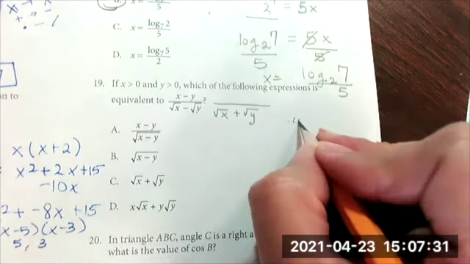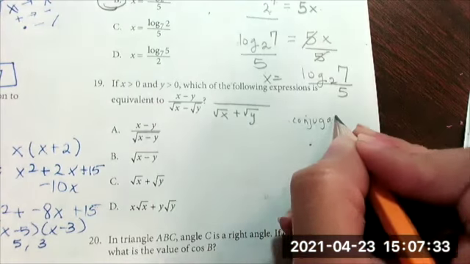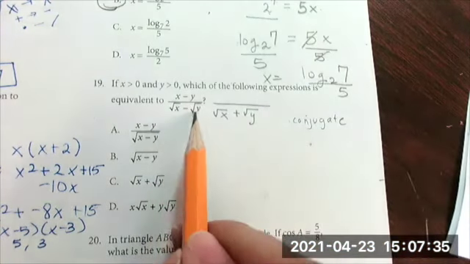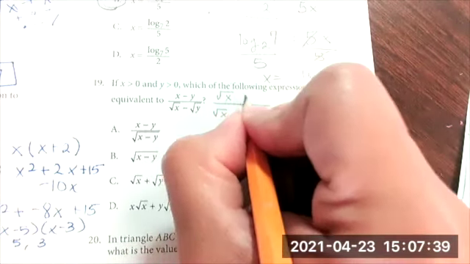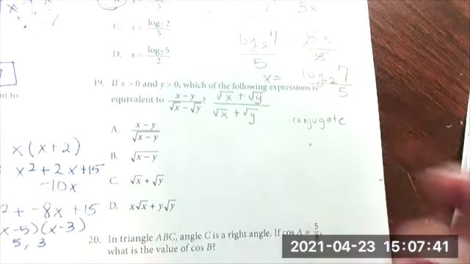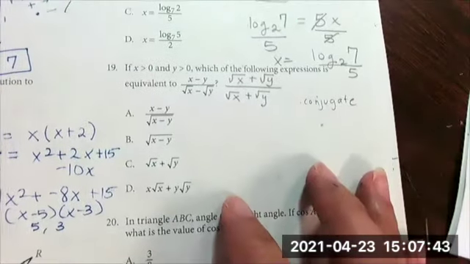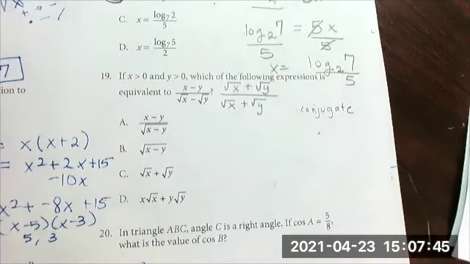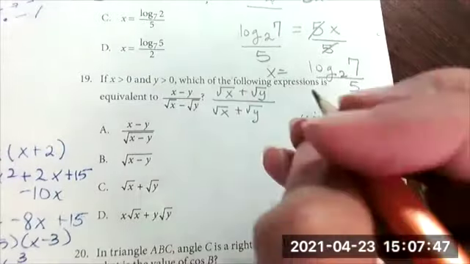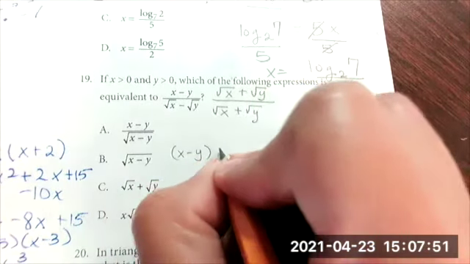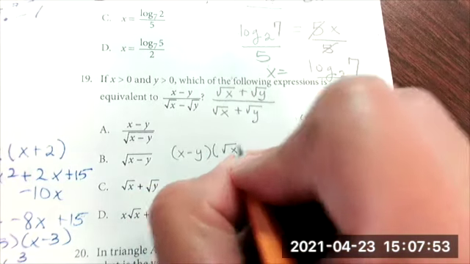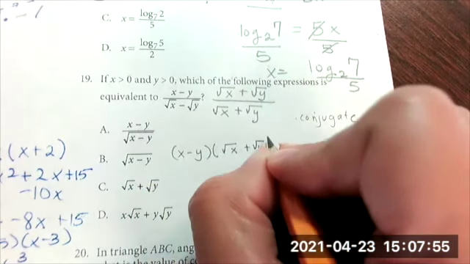We do the conjugate. Conjugate is essentially this same thing with a plus in the middle. And after this, you're going to do this. x minus y times radical x plus radical y.